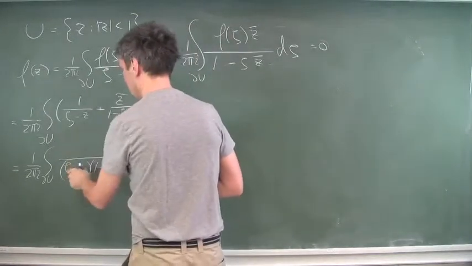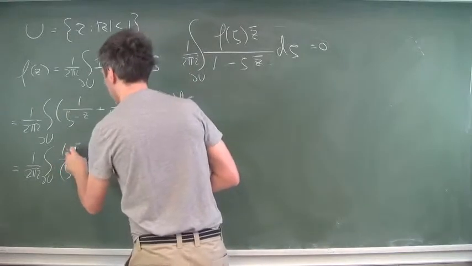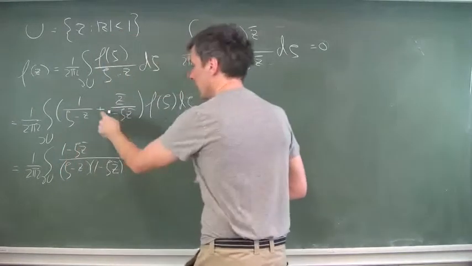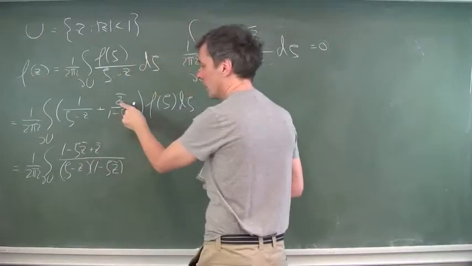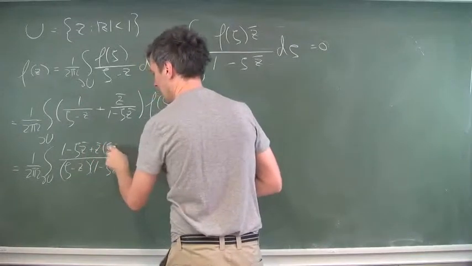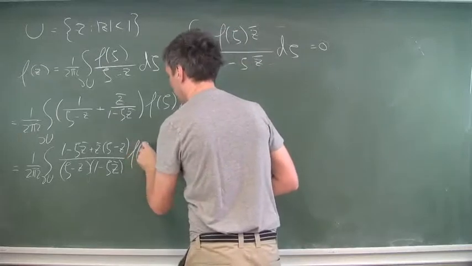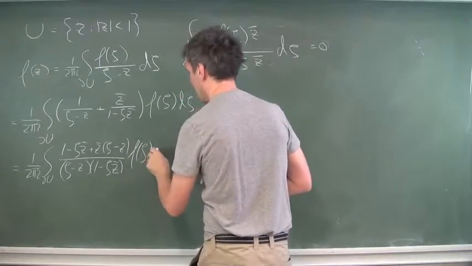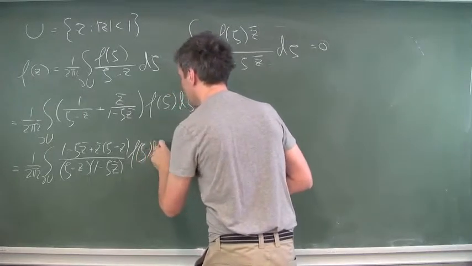Here on this denominator we'll get 1 minus zeta times z conjugate, and here we will get plus z conjugate times this expression, which is then zeta minus z, and then we have the f of zeta d zeta here.